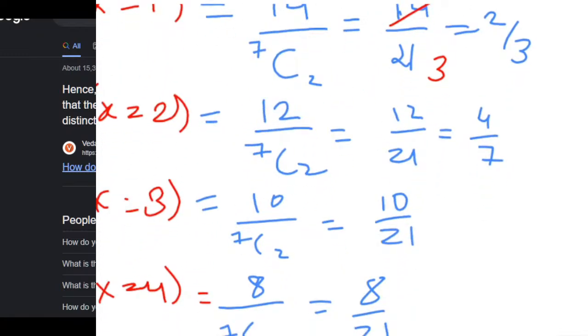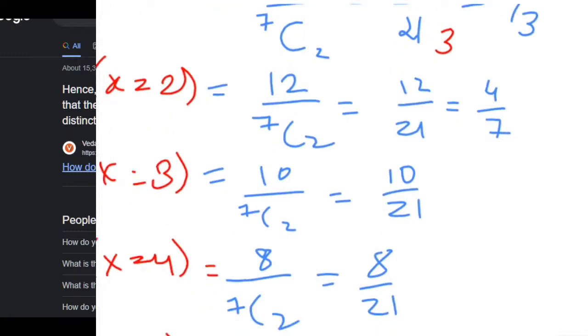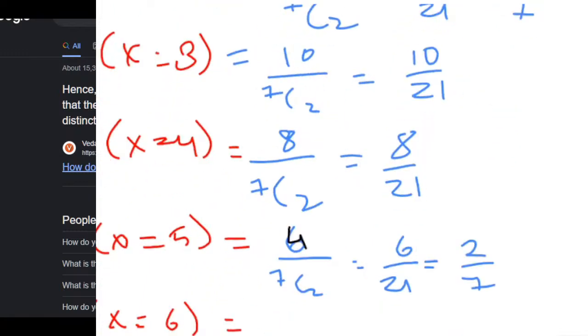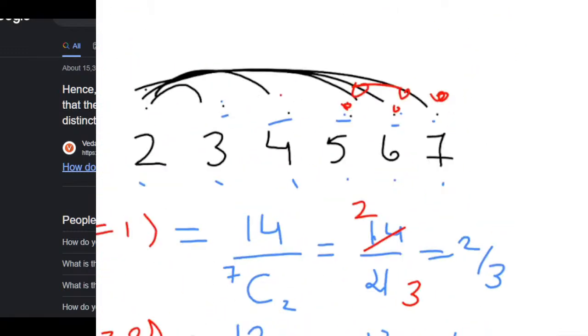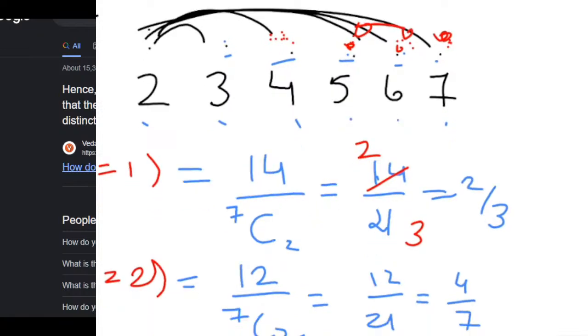Then for x is equal to 4, I'm getting 1, 2, 3, 4, 5, 6, 7, 8, 9. Sorry, 1, 2, 3, 4, 5, 6. Okay, I'm getting 6. Oh, okay.